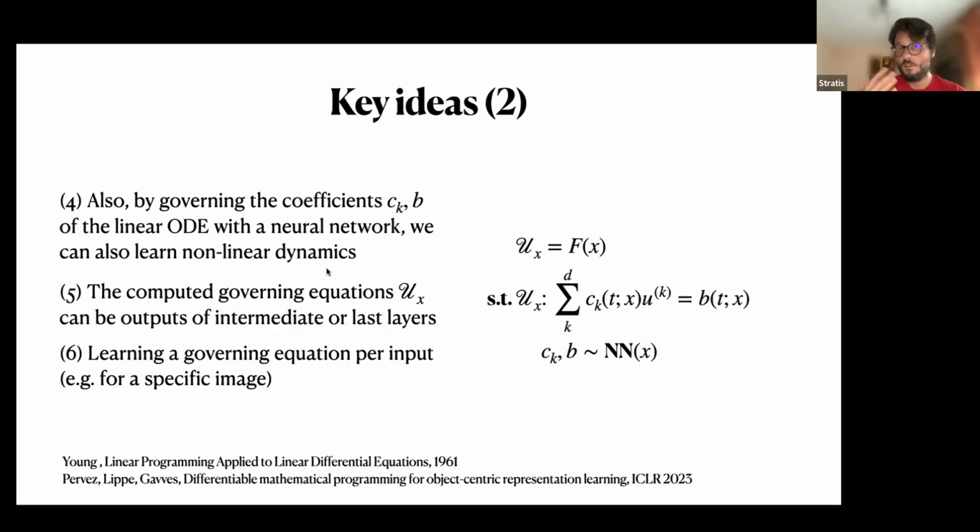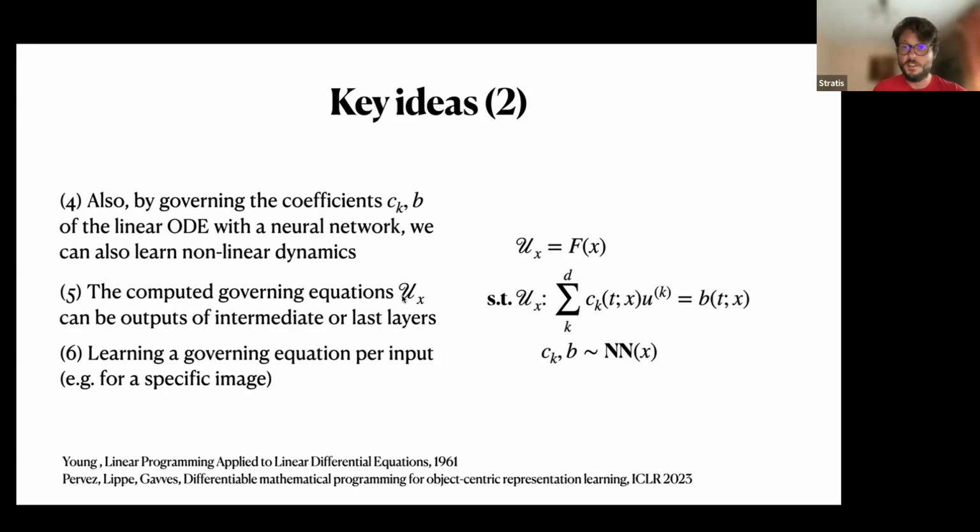Importantly, while the function definition is a linear ODE, an abstract linear ODE that we have to define in advance, so in a way you can say that this is an inductive bias, the coefficients that govern this linear ODE are computed by the neural network. So they are nonlinear themselves. And that's why mechanistic neural networks can also learn nonlinear dynamics.